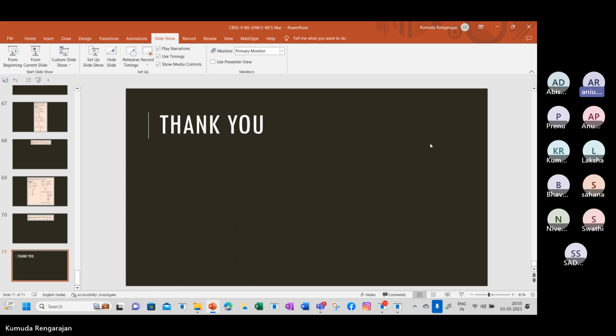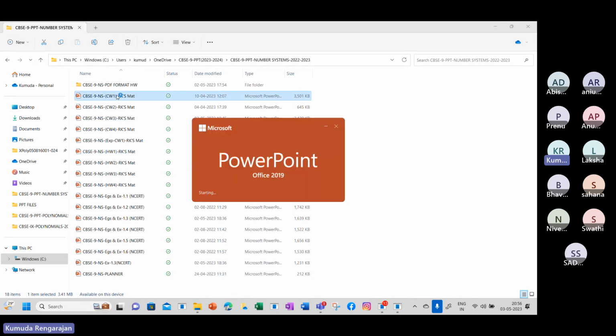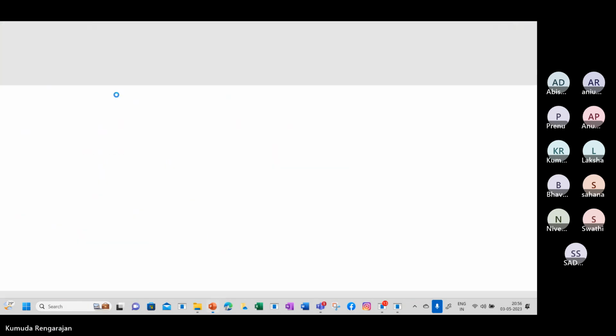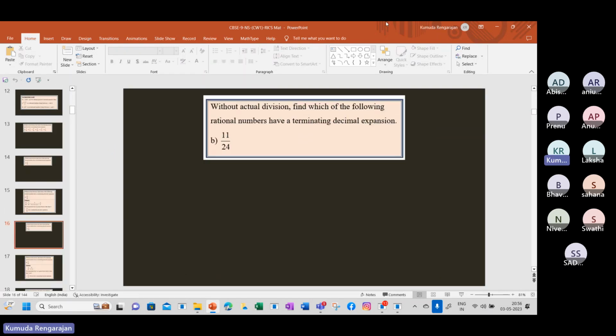If x is equal to root 2 plus 1 divided by root 2 minus 1 and y is equal to root 2 minus 1 divided by root 2. Correct. Thank you, Anirudhan. Yes, yes, I understood which one. Okay, it's this file. Oh, no, not this one.